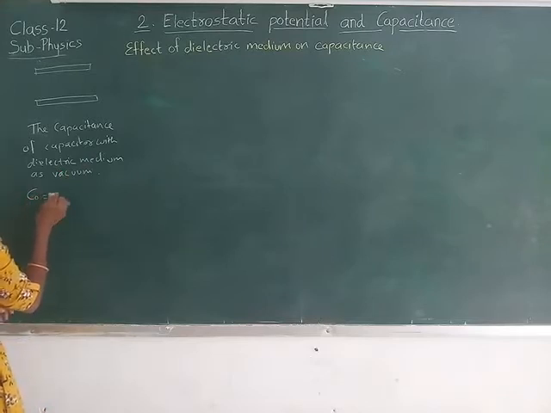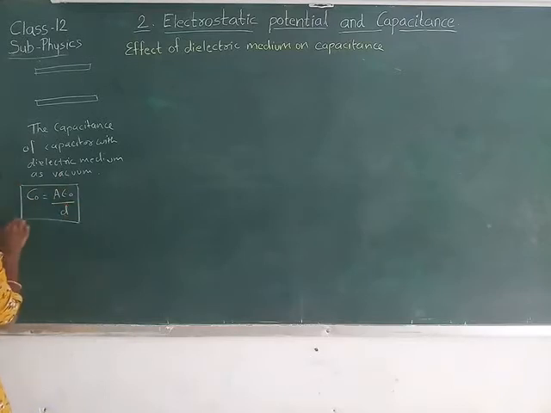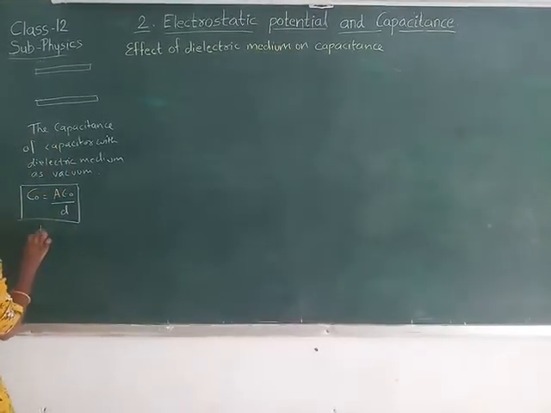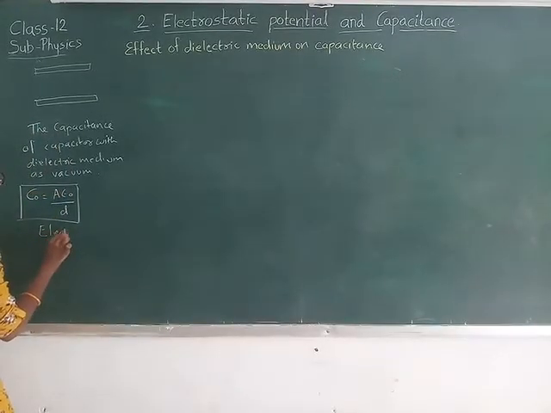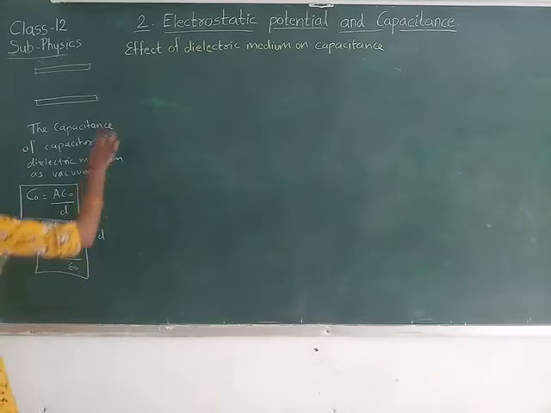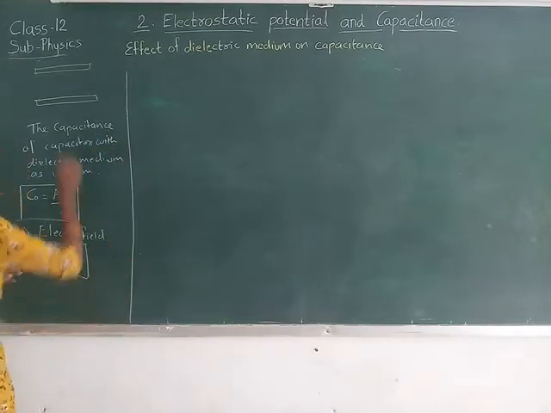C0 equals A epsilon 0 upon D. Right? We had seen that the electric field in that case, that is E0, equals sigma upon epsilon 0.